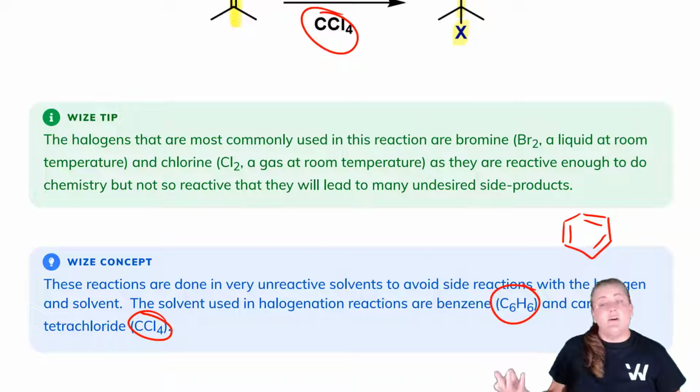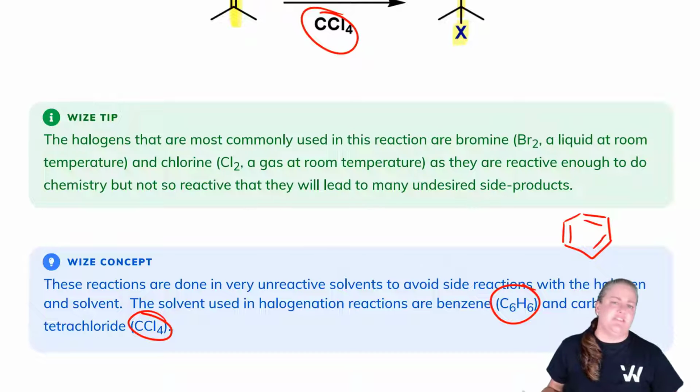And in fact, we did a whole section where we saw that benzene was so unreactive that we needed special catalysts to make it do chemistry. So just keep that in mind, that we're going to be working with unreactive solvents in order to prevent side pathways. Now let's look at the mechanism and the formation of this intermediate.